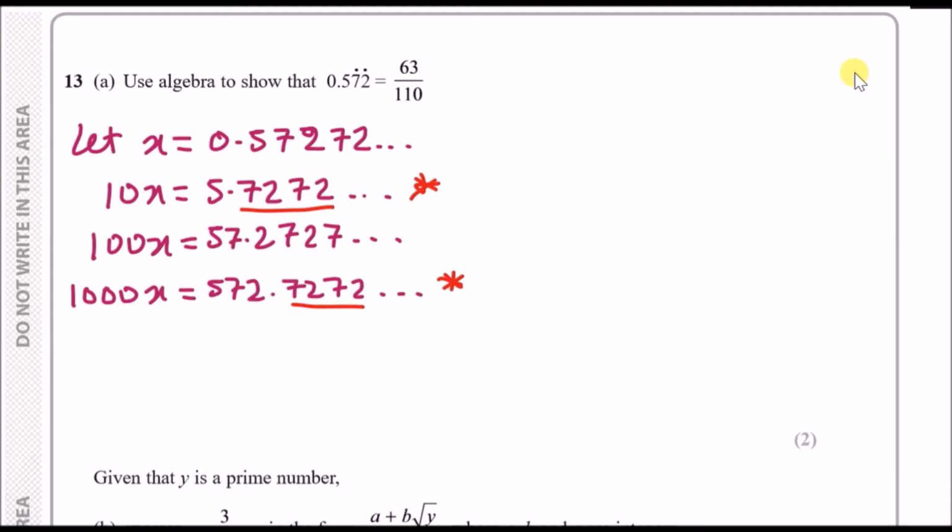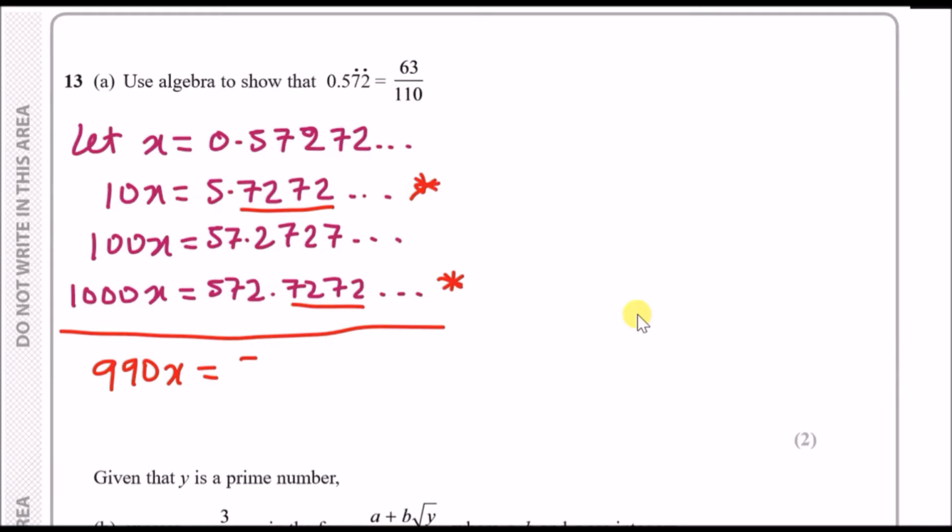Now, what we do here is that we basically want to subtract both equations. So subtract the 10x equation from the 1000x. 1000x minus 10x gives us 990x, whereas for 572 point all of that, the decimal parts will cancel out. All of them will cancel out. And all you're going to basically subtract is 572 minus 5.